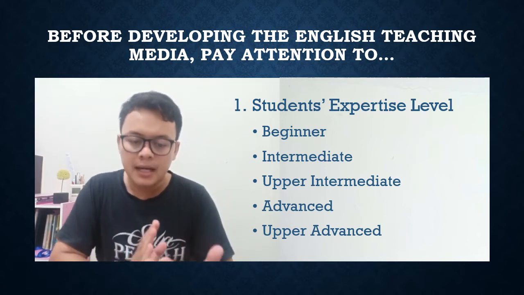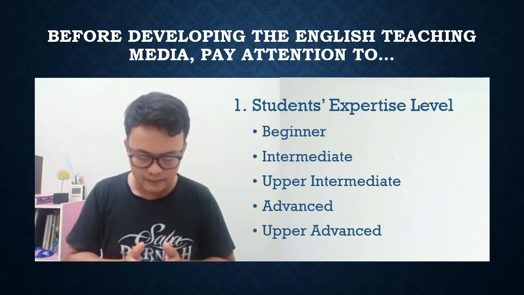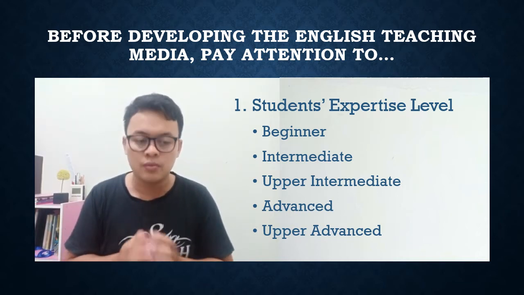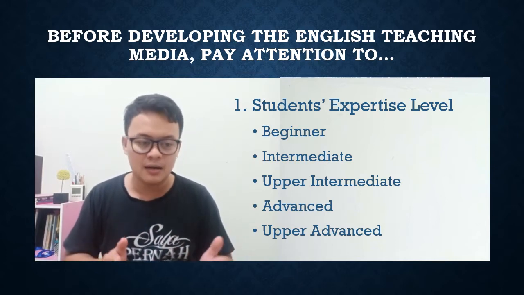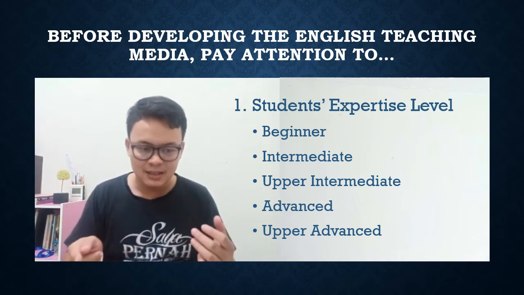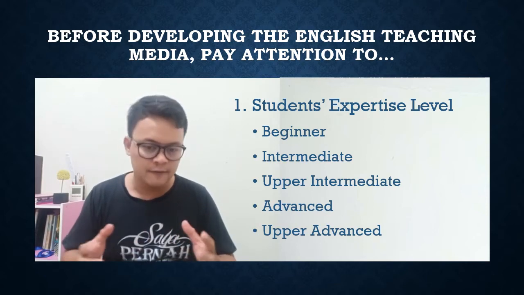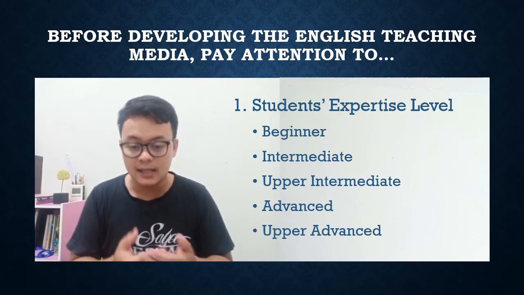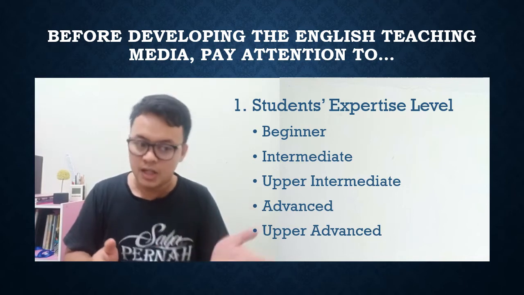So beginner is a student who studies English from the very basic, so we call it beginner. Beyond beginner, we have intermediate, upper intermediate, advanced, and upper advanced. With upper advanced, probably the subject and the lesson could be more complex compared to the beginner, for example, right?